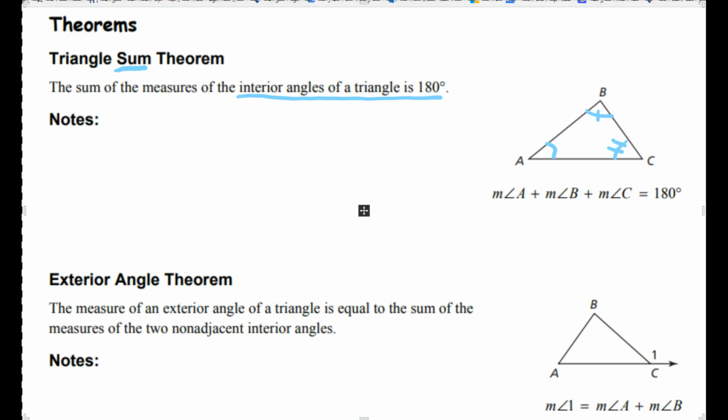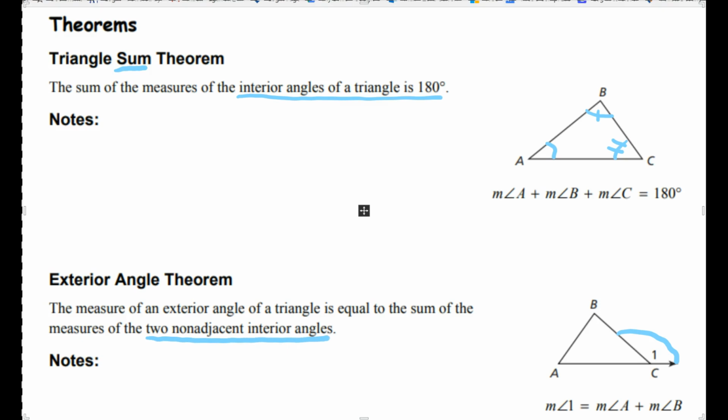Then we have the exterior angle theorem, which says the measure of an exterior angle, and this is an exterior angle because it falls outside of the triangle, is equal to the sum of the measures of the two non-adjacent interior angles.